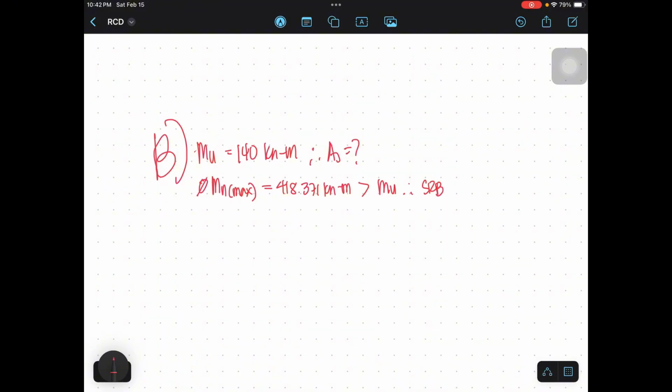Okay, after natin ma-check kung SRB or DRB yung ating section, check naman natin if tension control ba siya or transition. Okay, so again, yung nakuha natin kanina na tension control moment capacity is 407.508, which is again greater than compared to MU.